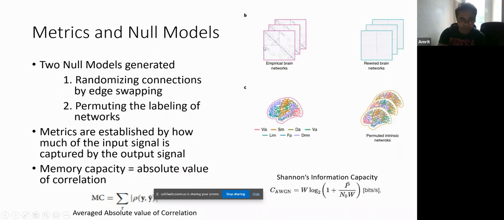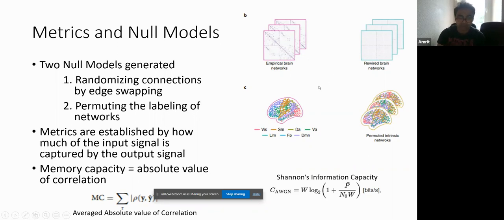So she gets a distribution of results here, and then a distribution of randomized rewired networks here. The other thing she does is permute the labeling of the network. So she randomizes the labeling and scrambles this around.